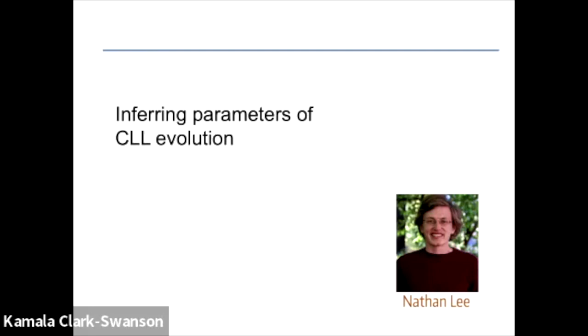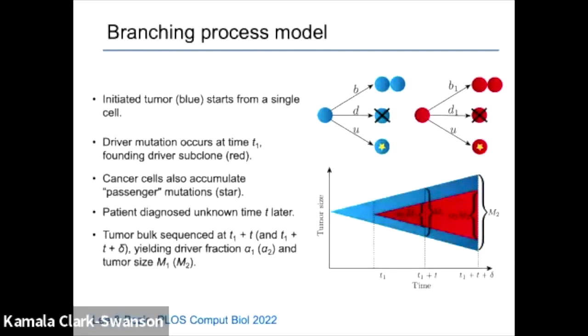To do that, we developed, let me show it here, a very simple two-type branching process of CLL or cancer evolution. And then we also expanded it to have multiple types and be more complicated.